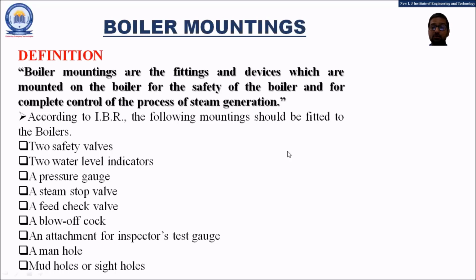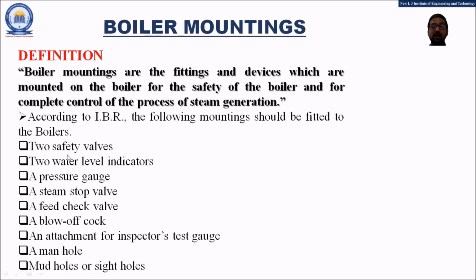We have already understood that it is an important body which is concerned with the steam boilers. So according to the guidelines provided by the IBR, the following mountings should be compulsorily fitted to the boilers. The boiler must be fitted with two different types of safety valves.